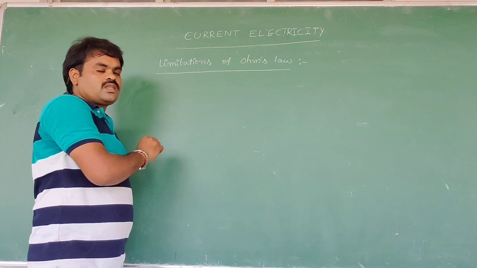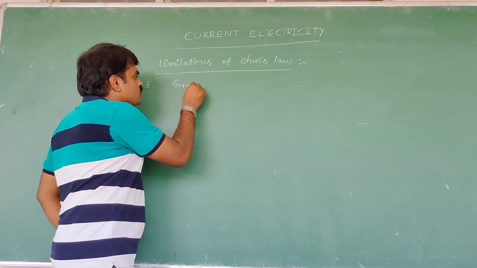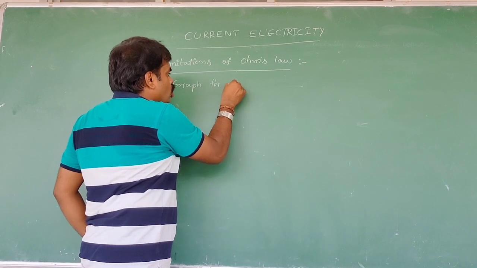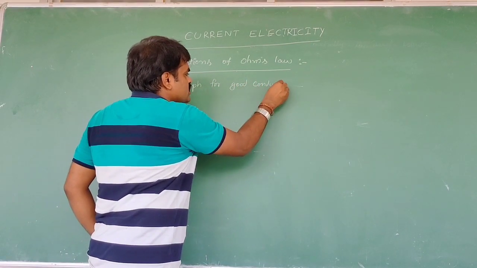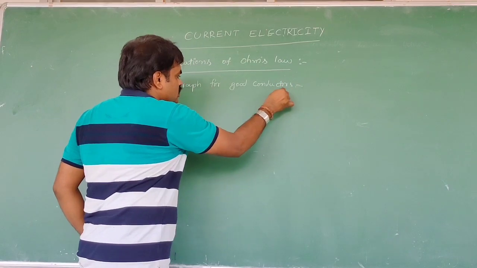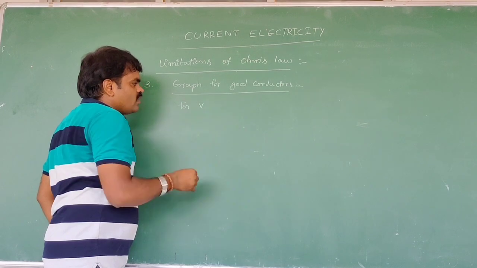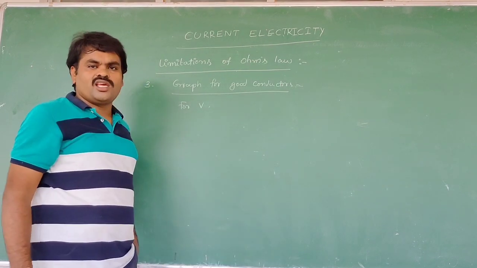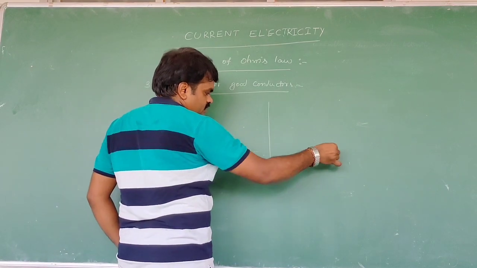Now, third one, graph for good conductors. For low values of V, it is represented as a straight line, then becomes a curve like this.